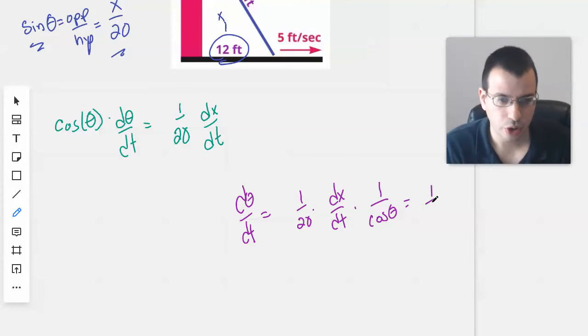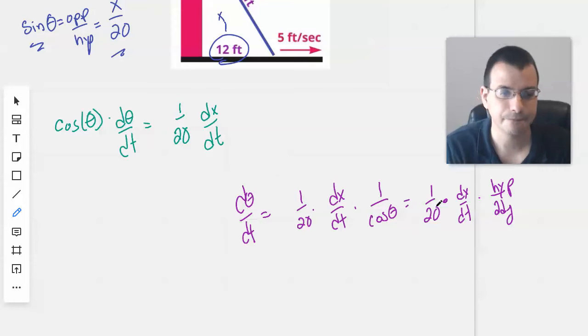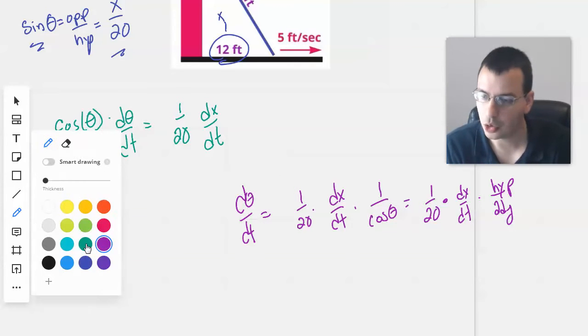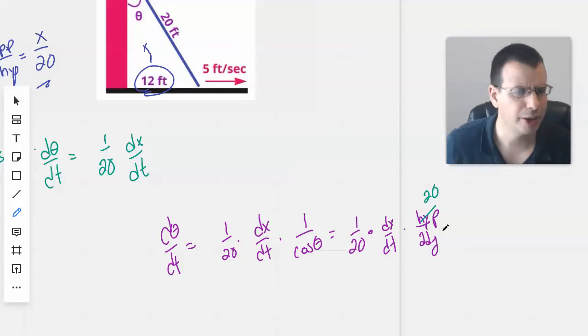So this will be 1 over 20 times dx dt times hypotenuse over adjacent, because it's 1 over cosine theta. And then we will figure out what adjacent and hypotenuse are. We know hypotenuse is 20. I guess r would probably be more correct.